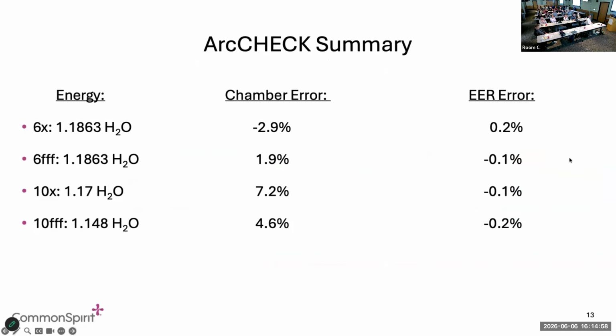Okay, so the summary for ArcCheck is 6x, here are the different energies. The entrance-exit ratio on the right-hand side, I got down to zeros, but you can see how the chamber actually deviates, I guess, depending on the beam model, depending on other factors, let's say maybe the electron density, on how it's affected with each respective energy.